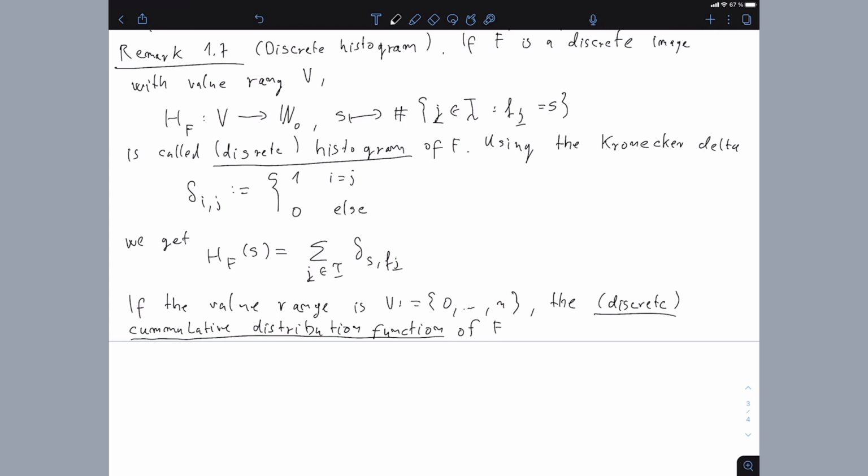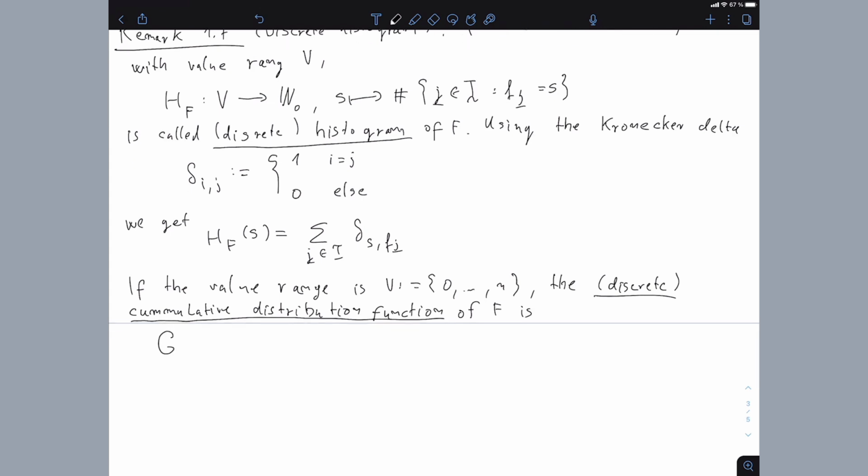It goes from this value range to the natural numbers, and it just counts how often a value smaller equal to s appears.